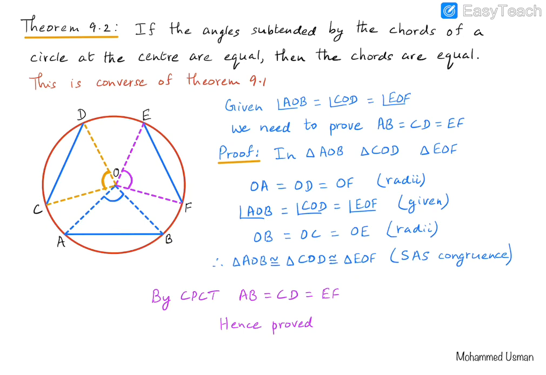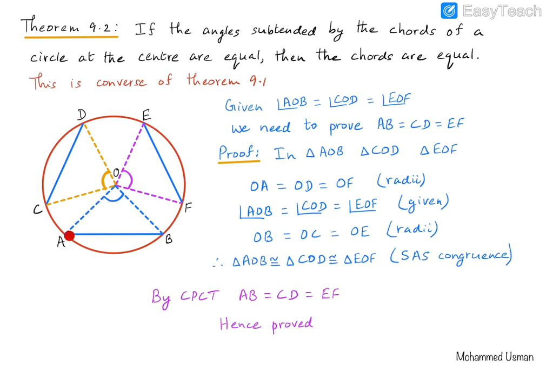Once we have proved that these three triangles are congruent to each other, we can now prove that the corresponding sides of the triangles are also equal by the CPCT rule, which is the corresponding parts of congruent triangles.